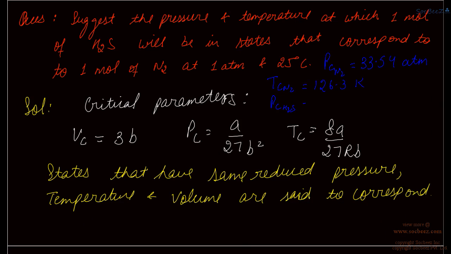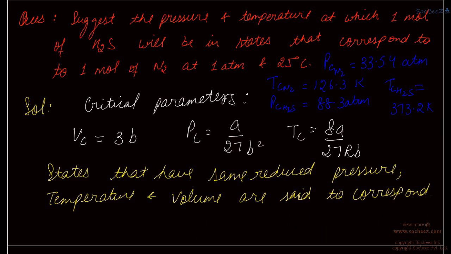Critical pressure for H2S is 88.3 atm. And critical temperature for H2S equals 373.2 Kelvin.